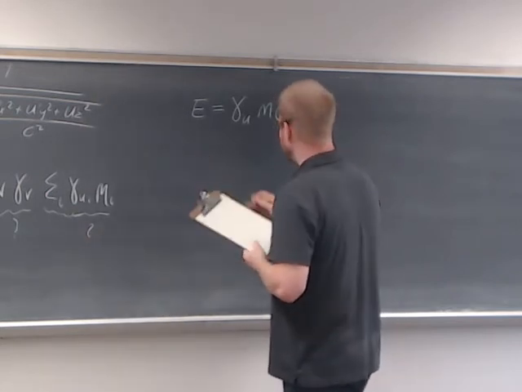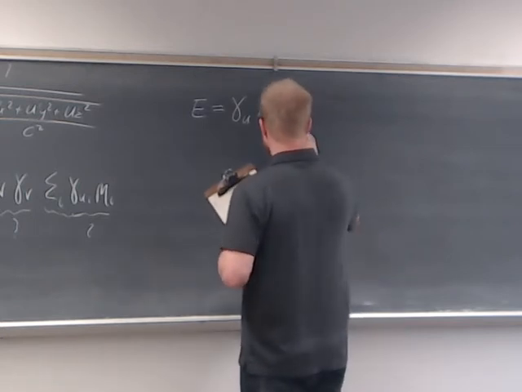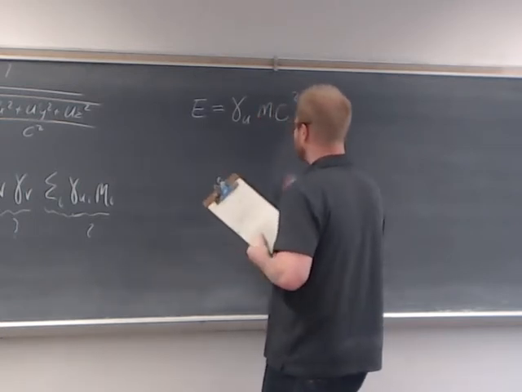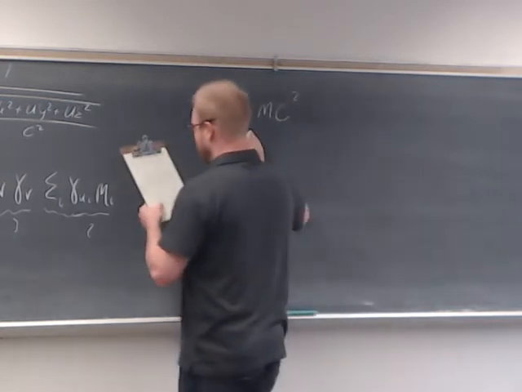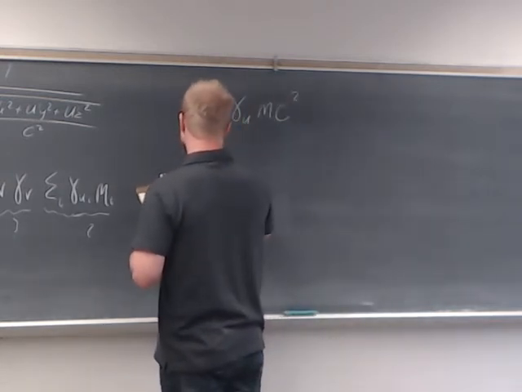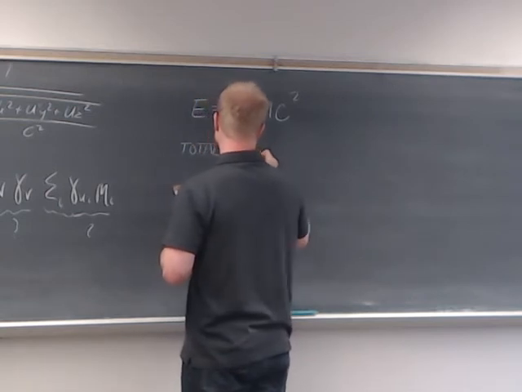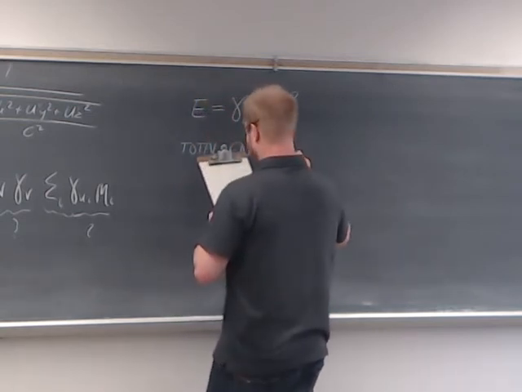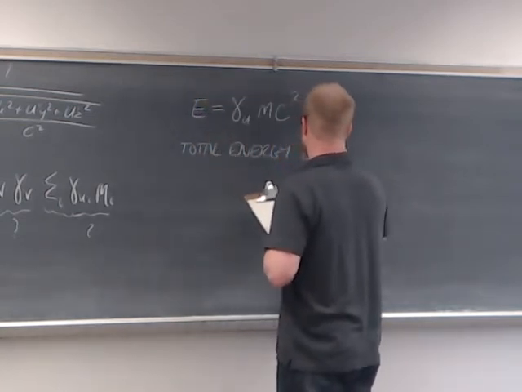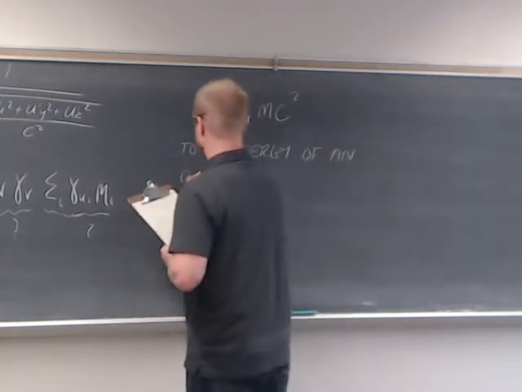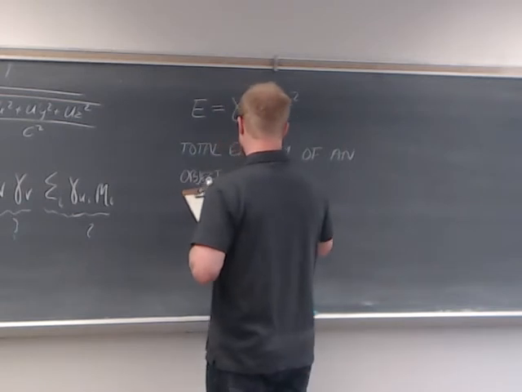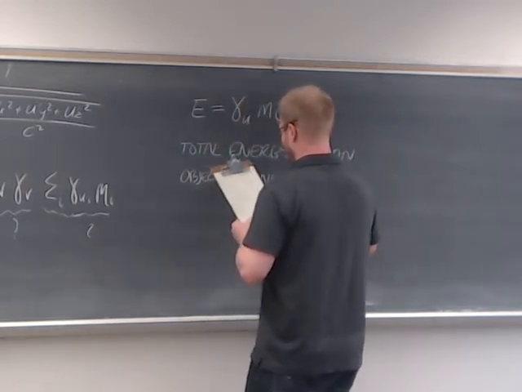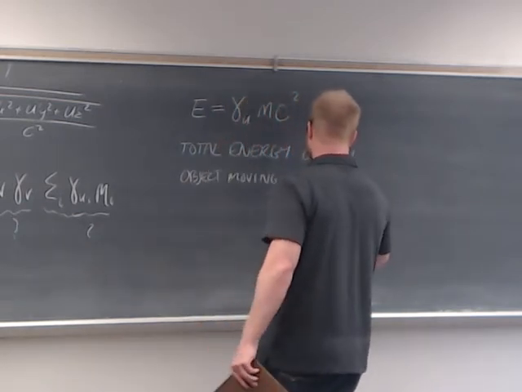All right, so this, by definition, he was suggesting, is the larger version of the equation. I mean, this isn't exactly E equals mc squared. We've got this larger thing here. This is the total energy of an object moving at speed u.